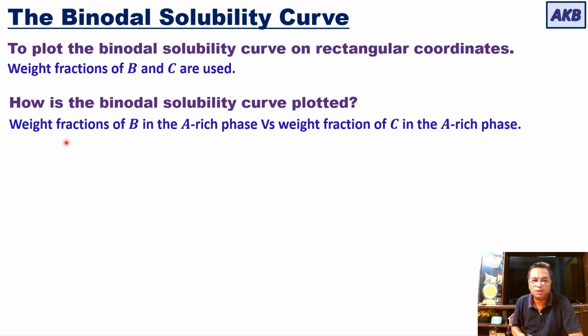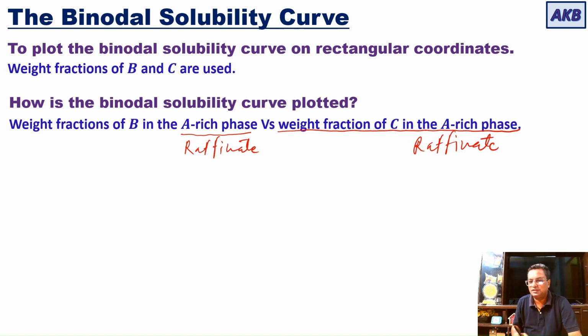We are going to plot weight fractions of B in the A rich phase, which is nothing but the raffinate phase, against corresponding weight fractions of C in the raffinate phase. So this will give us one part of the binodal solubility curve.